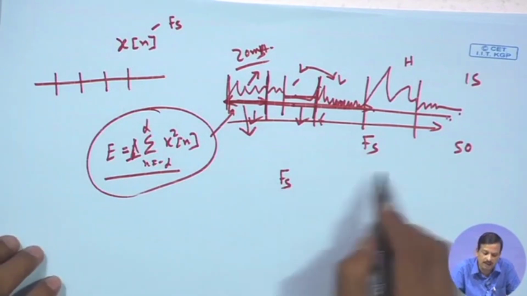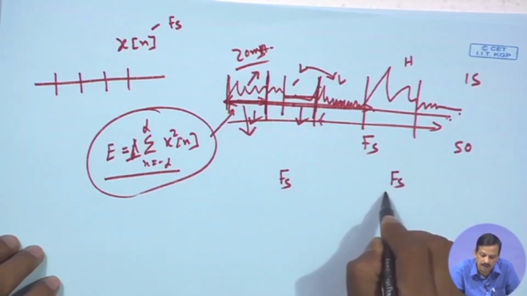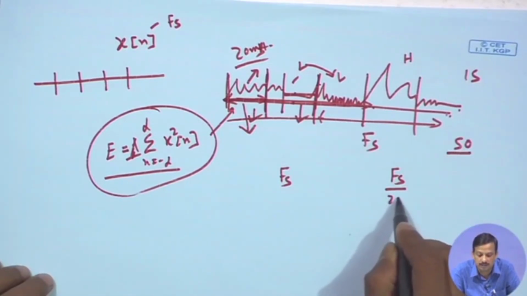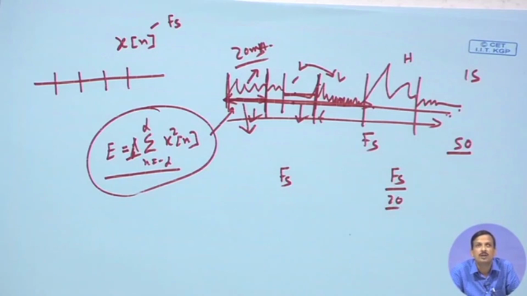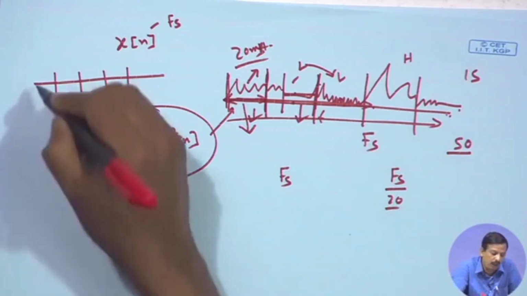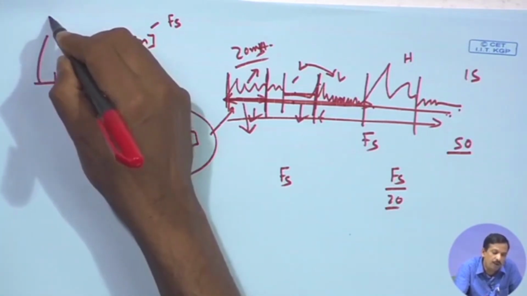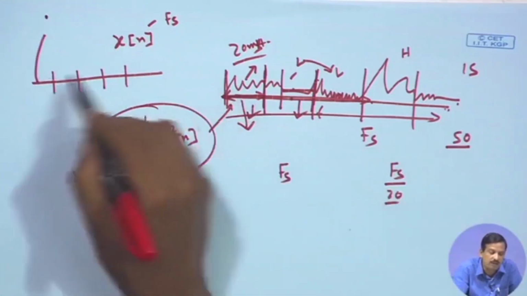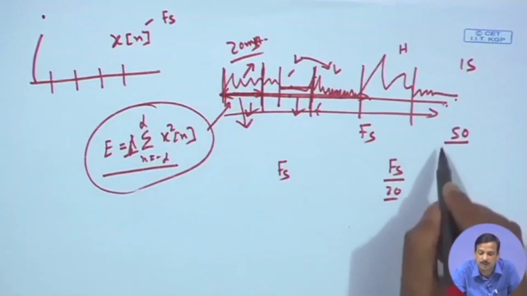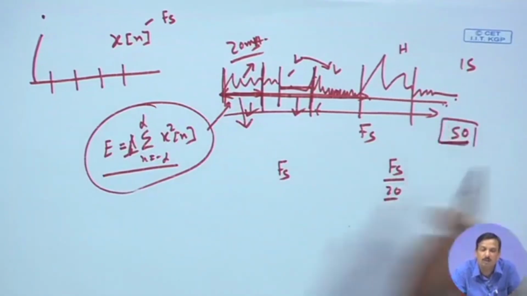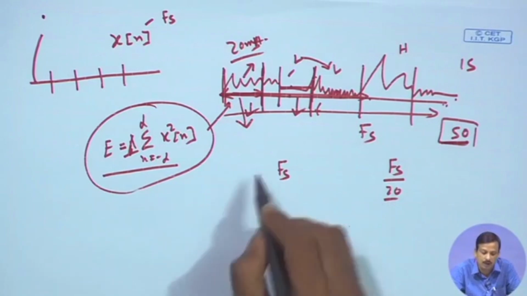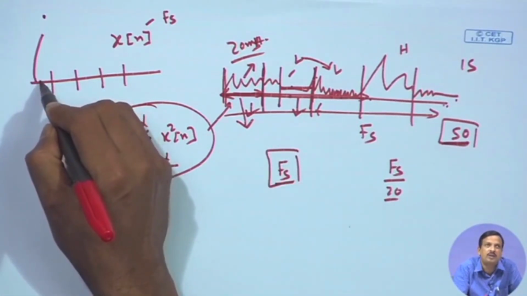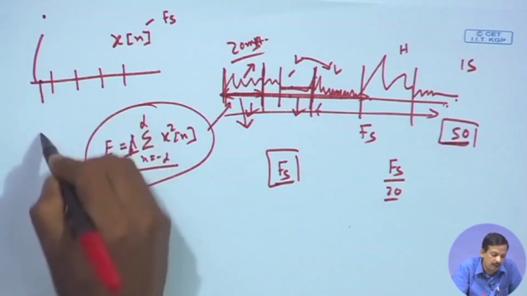So, then the rate is f s by 20 milliseconds. So, instead of the f s sampling rate, now for every window I get some parameters. So, parameters are sampled at 20 milliseconds, means 50 windows per second. So, instead of f s number of samples, if each window represents 1 sample, then I get 50 samples.